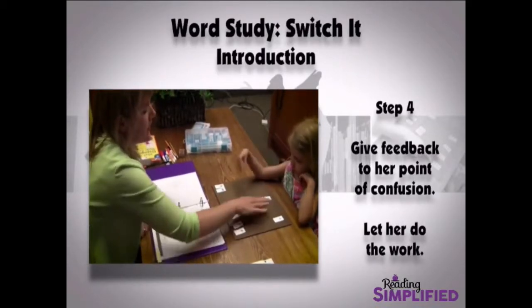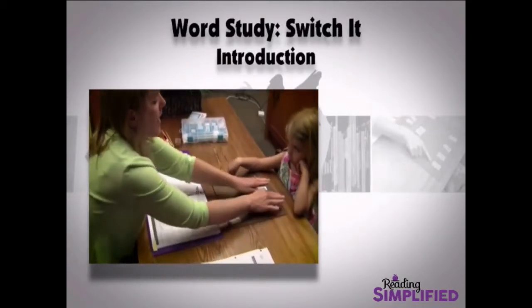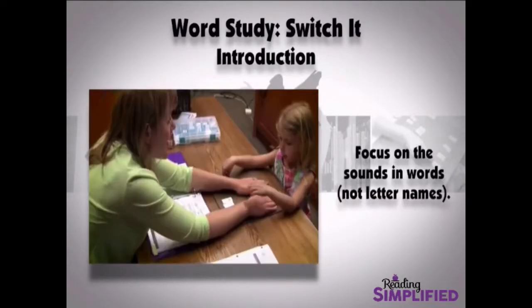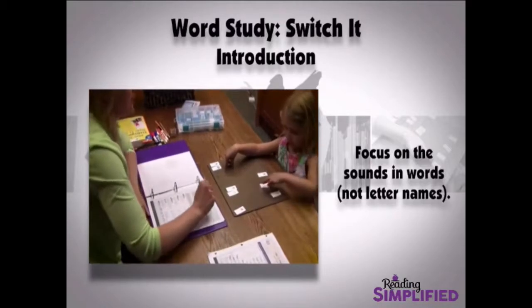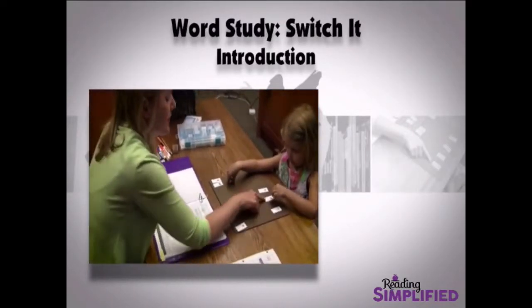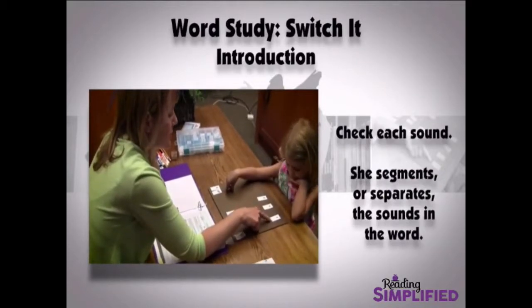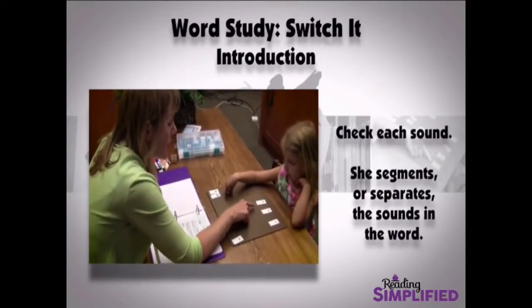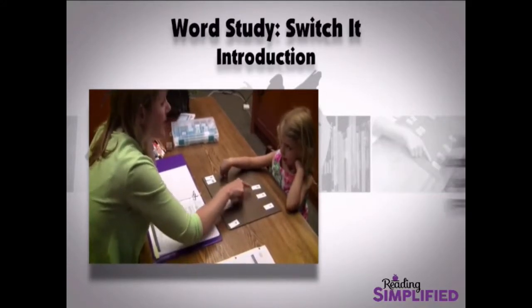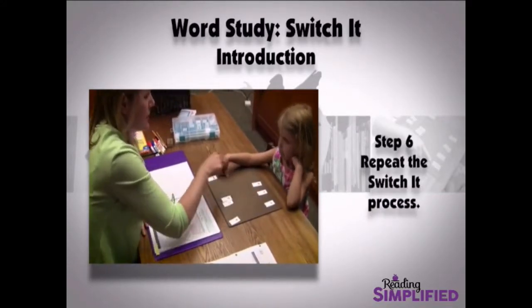Do you know what sound you hear when I say red? What's this right here? Yeah, that's right. You got it. Really good. That's the hardest one to switch. Okay, let's check the sounds. Red.